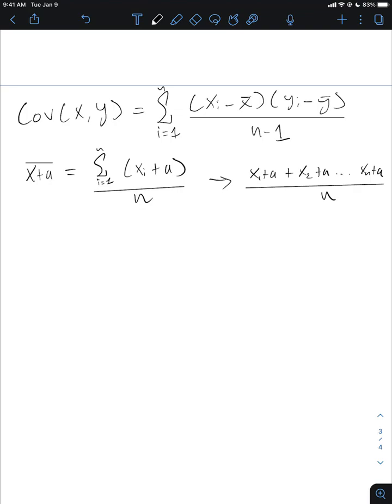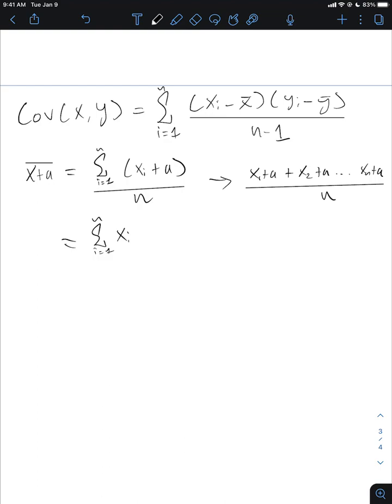So what that results in then is this, and you don't have to know that specific rule, although it's pretty intuitive. You can just say, okay, we'll have the sum of the x's, so we'll just have i equal to 1 to n of xi, and then we have the sum over a, and there's no subscript, so remember our rule that we just write n times a.